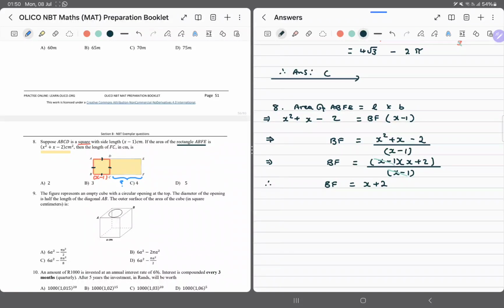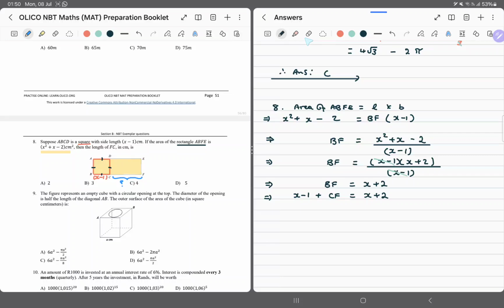But then BF is made up of BC. In fact, let's not even waste time here. This implies that BF is made up of BC. BC is basically x minus 1 plus CF, which is what we want, is equal to x plus 2.